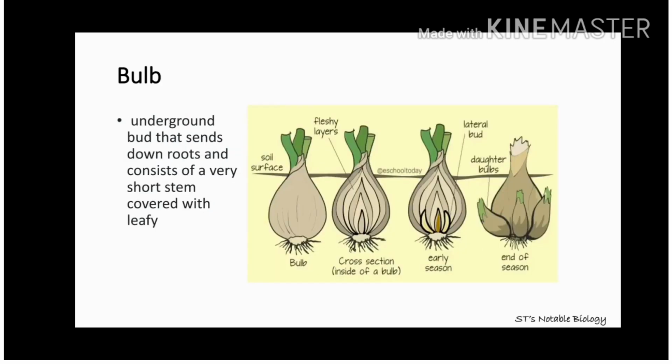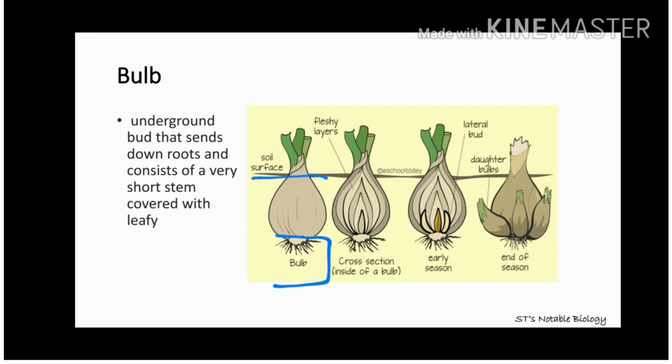Let's talk about the bulb. See the definition: an underground bud that sends down roots and consists of a very short stem covered with fleshy leaves. A very common example of a bulb is onion. Onion is an underground stem modification, and adventitious roots grow towards the soil.